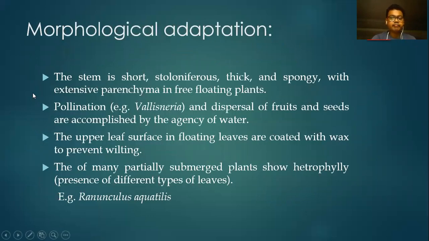Next, coming to the stem. What is the morphology of the stem? If we see, the stem is short and spongy. Why spongy? Due to the spongy nature, they can float on the surface and survive in the water body, and they have extensive parenchyma with air, which is known as aerenchyma.